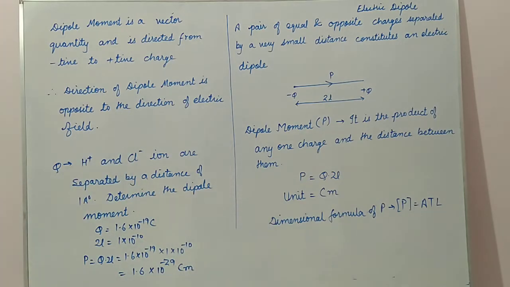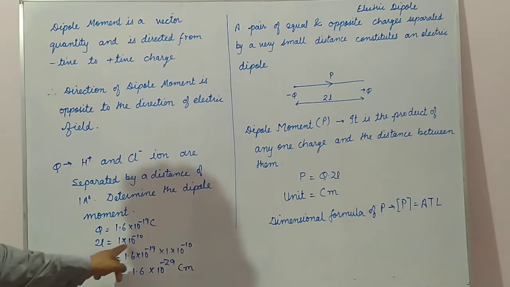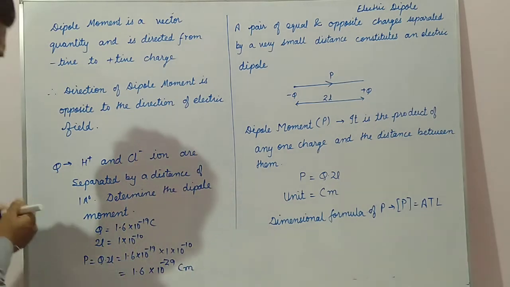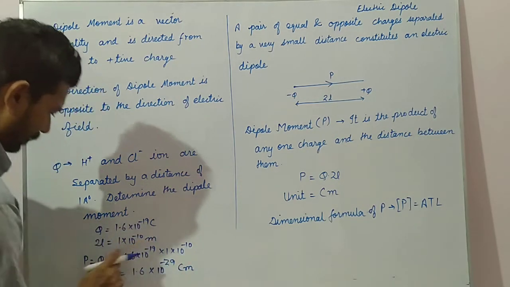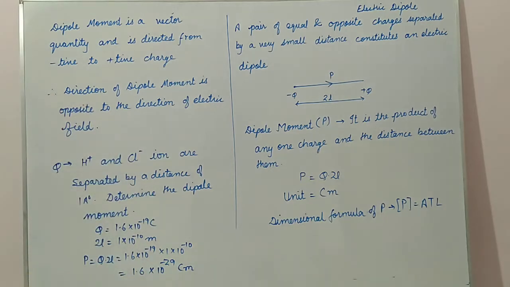So the charge of H plus ion or Cl minus ion will be 1.6 into 10 to the power minus 19 coulomb, only 1 electron is there. The distance between them is 1 angstrom, 1 into 10 to the power minus 10 meter. So the dipole moment is q into 2l, and you get 1.6 into 10 to the power minus 29 coulomb meter. So this is the dipole moment.